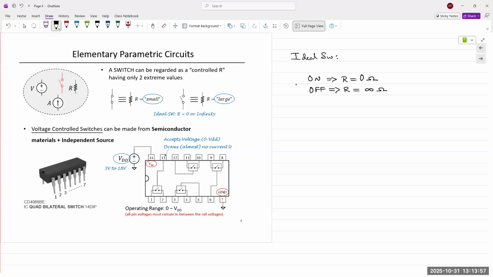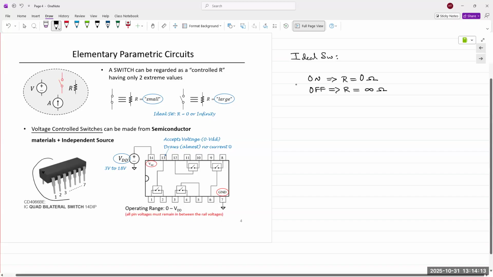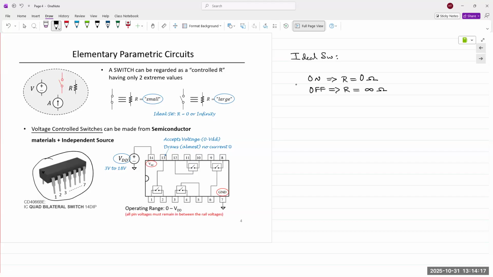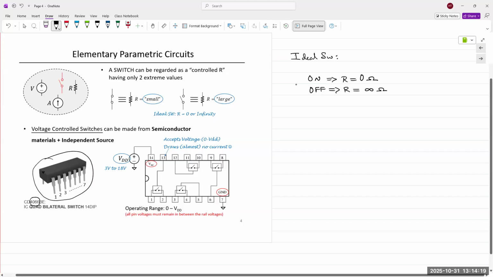And that's something you probably studied in 133. You can buy these off the shelf. These microchips don't cost a lot. Here is an example. The chip number is 4066, labeled here, 4066.